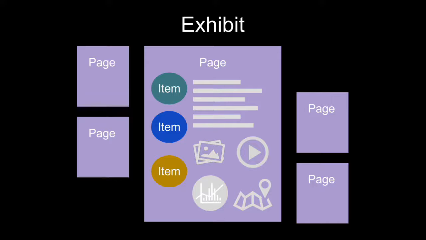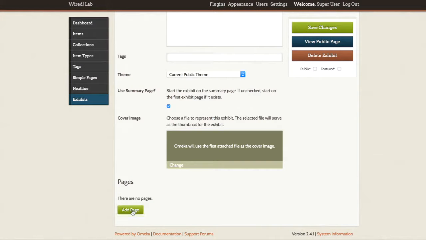And in some themes, it's possible to nest your pages. So you could use pages for major content sections, and then have within those pages sub-pages for more specific information within a particular section. So I will click Add Page.